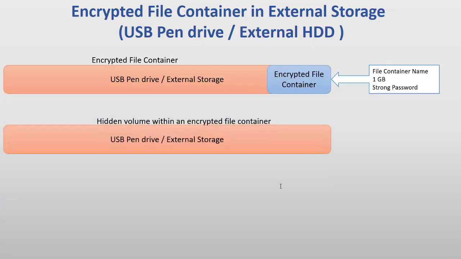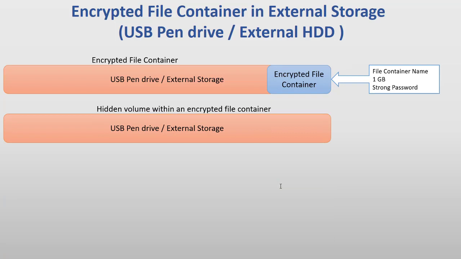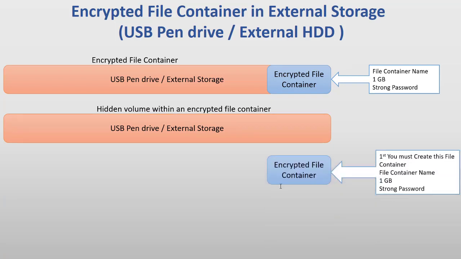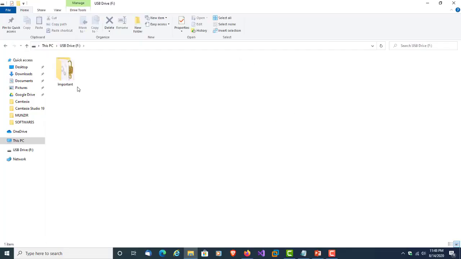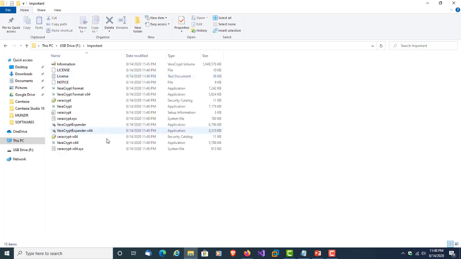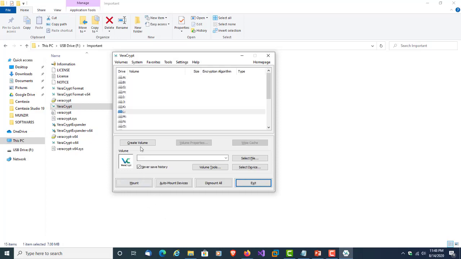Next we are going to create a hidden volume within an encrypted file container in external storage. To create a hidden volume, first you have to create the encrypted file container and you should copy some sensitive looking files to the outer volume that you actually do not want to hide. You have to go to the extracted file location in the external storage and open VeraCrypt and follow the steps.